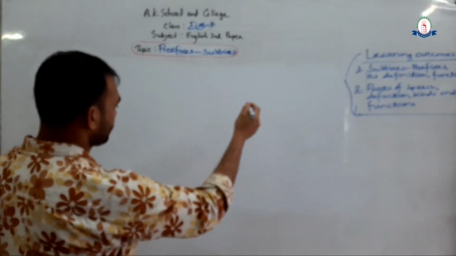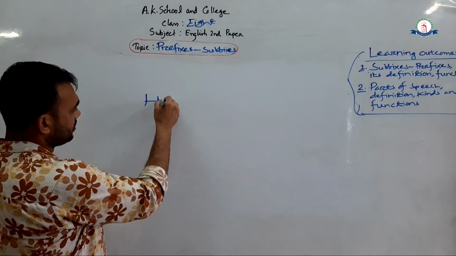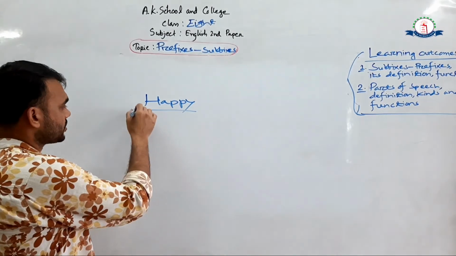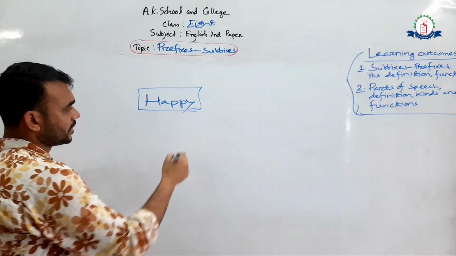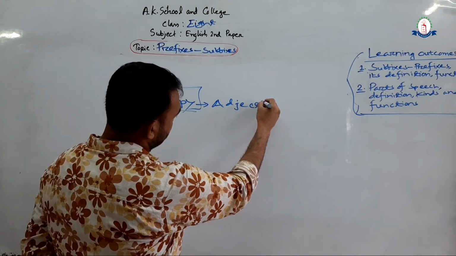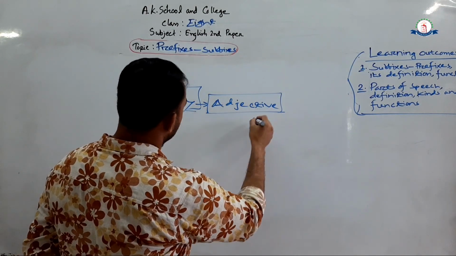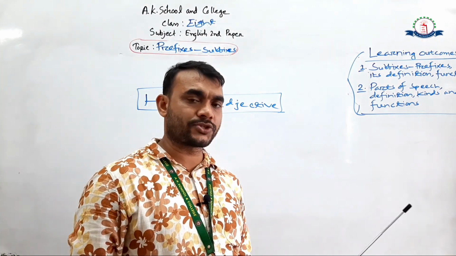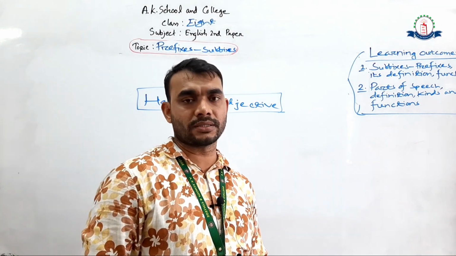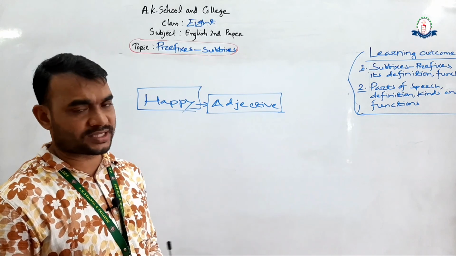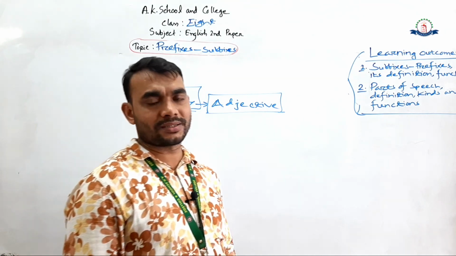Okay, here I have written happy. This is the head word and it's an adjective. We know that prefix and suffix deal with the four types of parts of speech. So here I have taken an example from adjective and you have to find the other three.